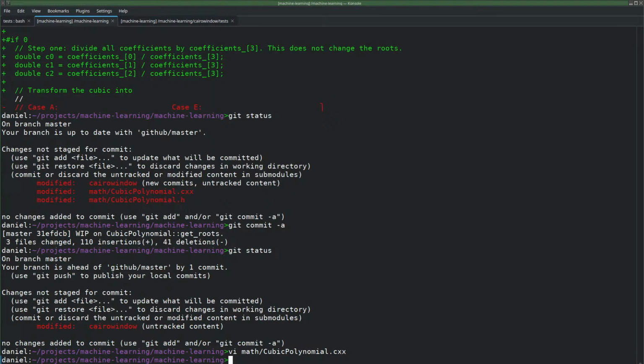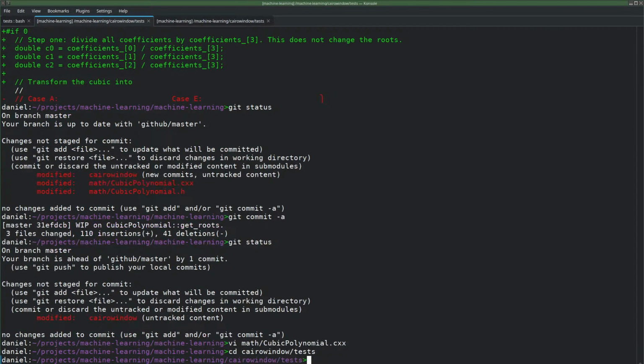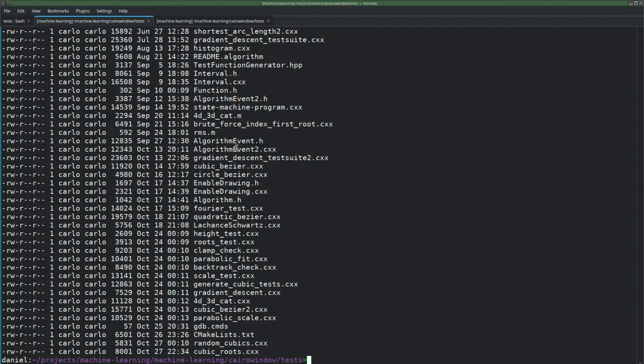Now I need to know how to transform my x back. Where did that come from? I was working on this.